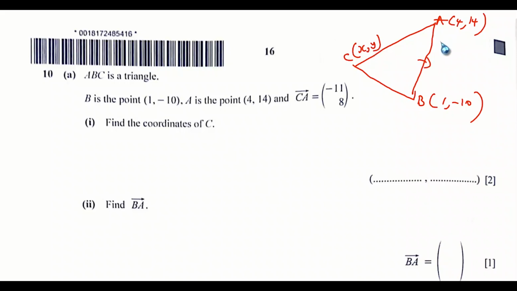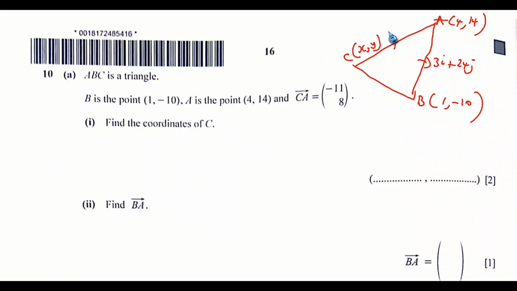So we can write this in component form. That will be 4 minus 1, that will be 3i, plus 14 minus (-10), that will be plus 24j. Then for this side it is already given as minus 11 and 8 respectively.